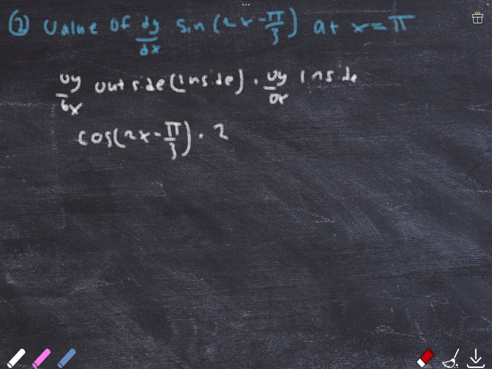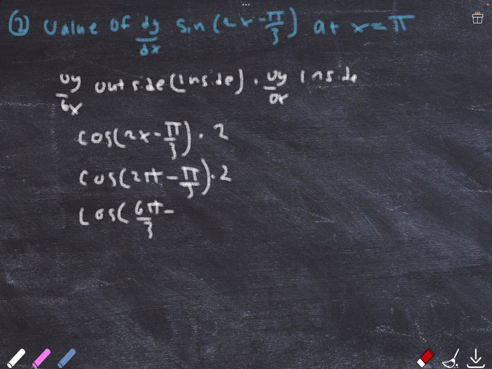Then, because we're solving it at a certain value, we can just plug in the value, so it's going to be cosine of 2 pi minus pi over 3, times 2. Because it's 2 pi minus pi over 3, we're going to get equal denominators. So this is going to be 6 pi over 3 minus pi over 3, times 2.